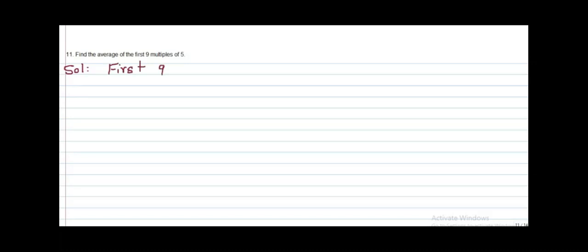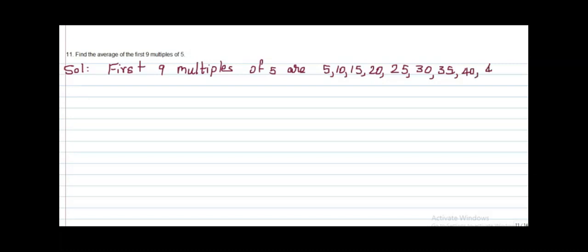The first 9 multiples of 5 are 5, 10, 15, 20, 25, 30, 35, 40 and 45.